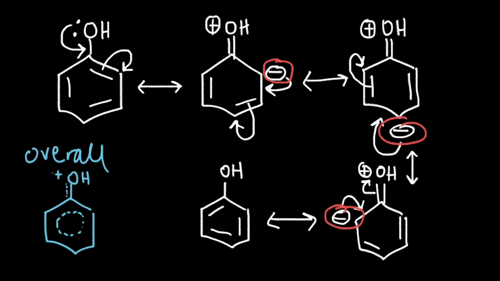This is going to have a partial positive charge, and then we've got these partial negative charges at these positions on the ring. There is no way that we can get the negative charge on the 3 and 5 positions. So it's the 2, 4 and 6 positions that have the greatest electron density, and these are the positions that are going to be most attractive towards electrophiles.